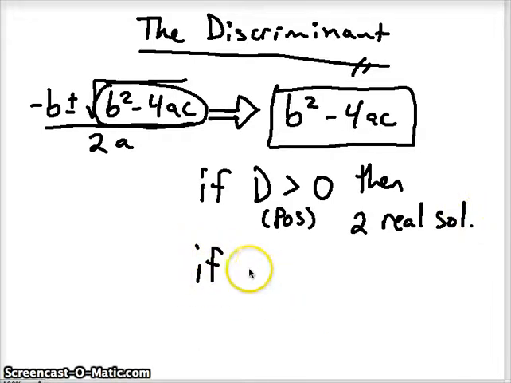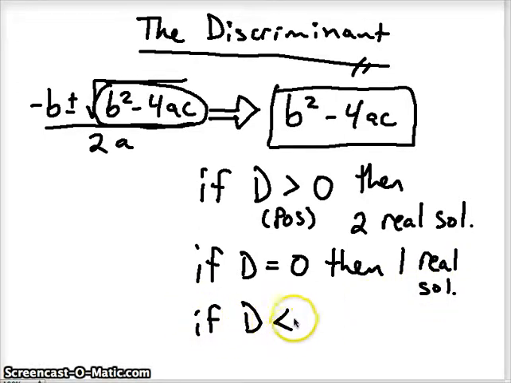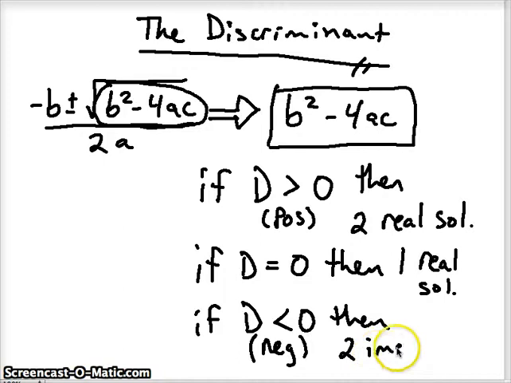If the discriminant is 0, if this whole equation equals 0, then we have one real solution. And if the discriminant is less than 0, meaning if it's negative, then we get two imaginary solutions.